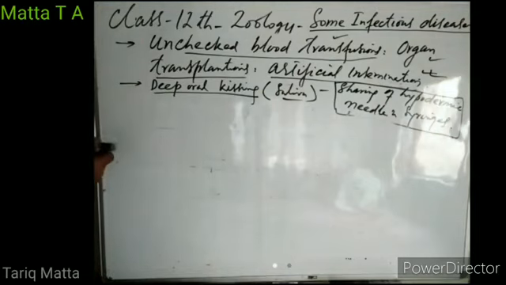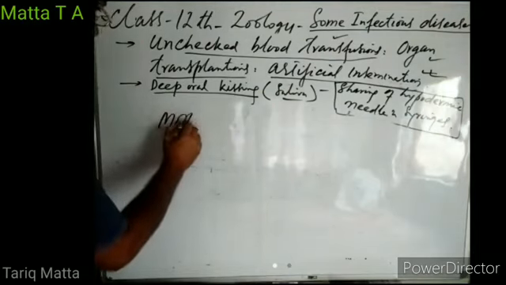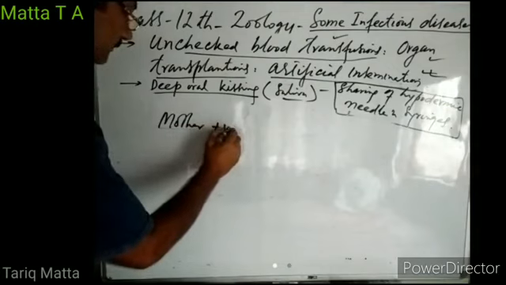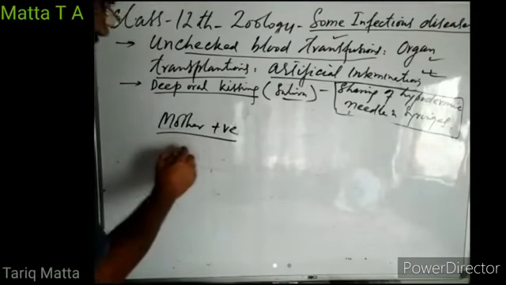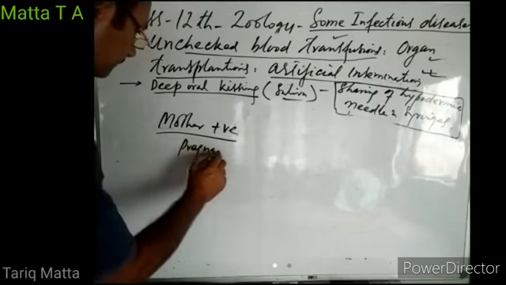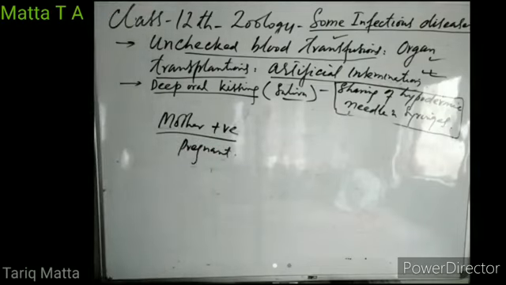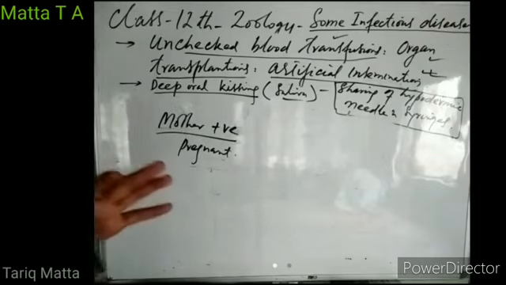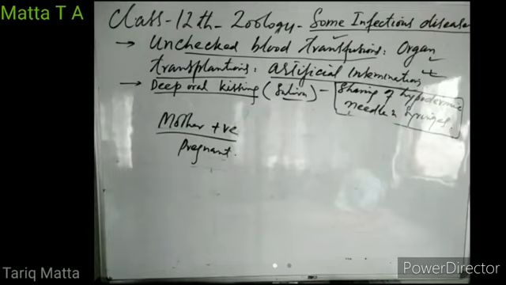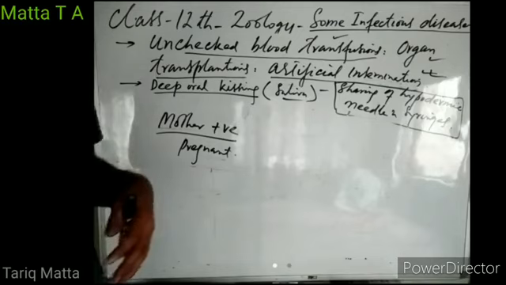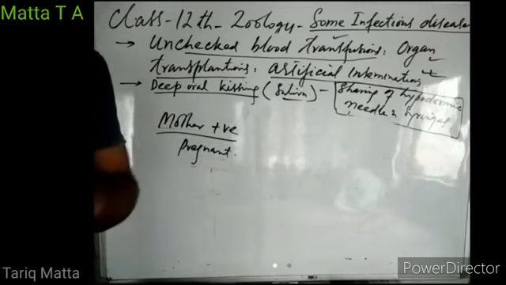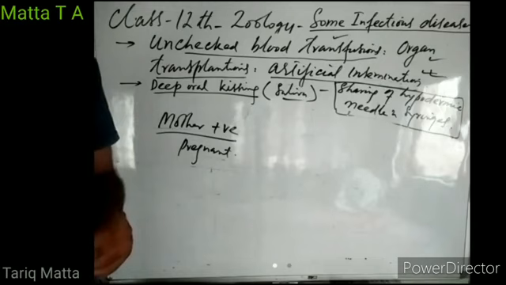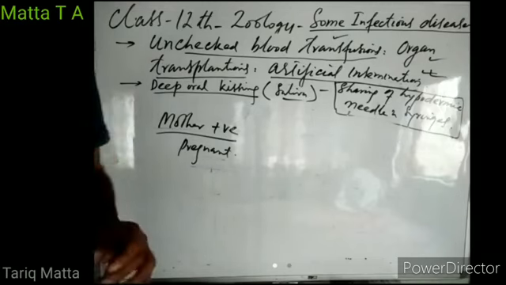If the mother is HIV positive and she is pregnant, during the course of pregnancy, the fetus remains safe. The fetus does not suffer from HIV infection. When the fetus is inside the womb of the HIV positive mother, the fetus is safe. Virus is not transferred through the placenta.